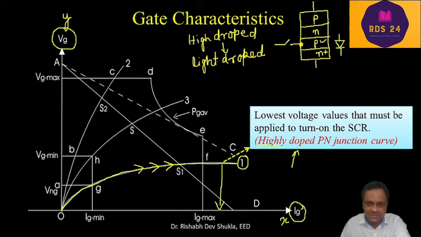So this can be considered the lowest voltage value curve that must be applied to the SCR to turn it on.